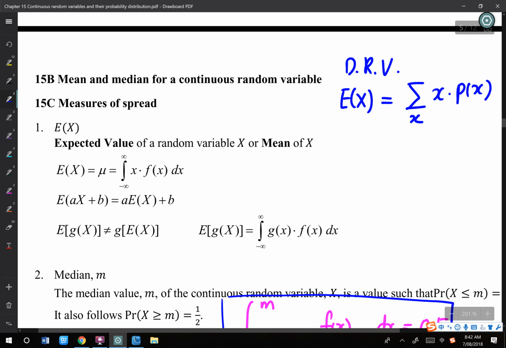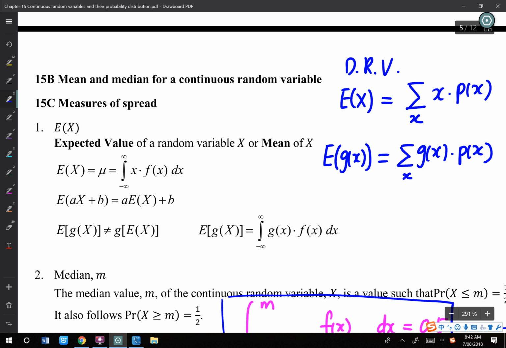For E(g(X)), you find all the g(x) values and multiply by the probability for that x, and sum all of those values together. That will be your E(g(X)).